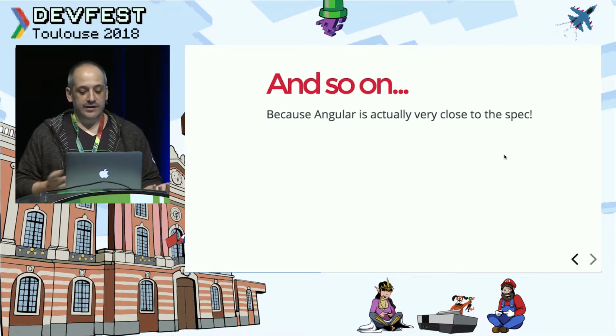And because Angular is very close to the HTML spec to create web components. That's something that was created from the beginning in that way by the Angular team, because they wanted to be as close as possible to the platform.